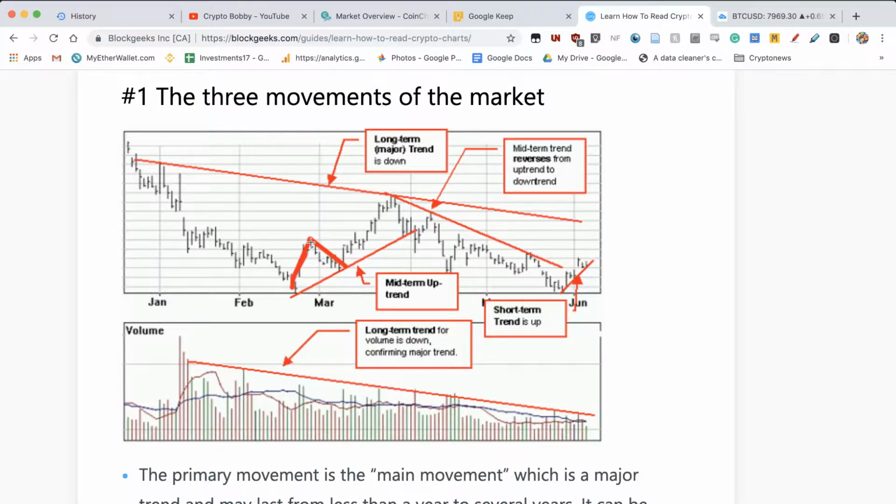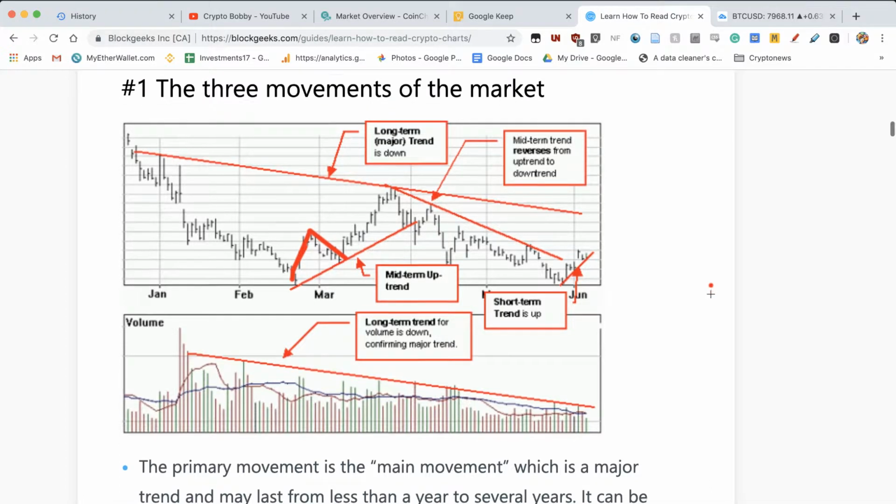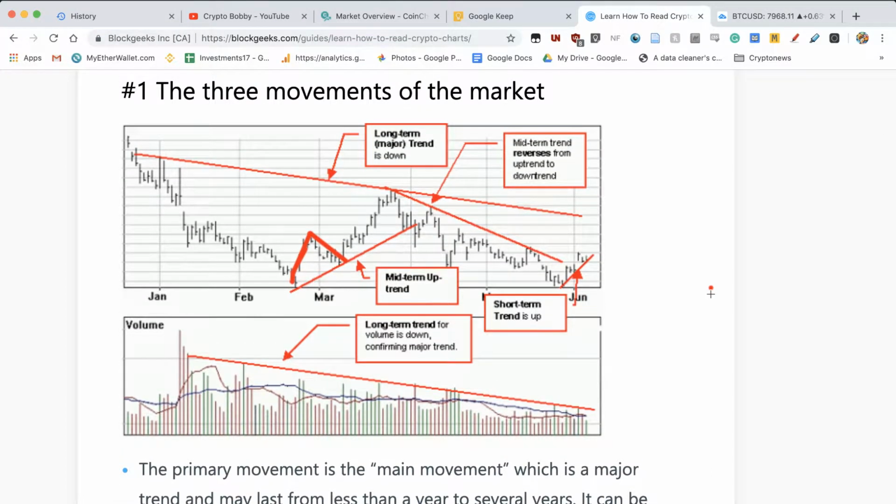As you can see, you can have a mid-term bullish trend during a long-term downtrend, and you can have multiple bullish and bearish short-term trends in a mid-term uptrend, for example. So the market is constantly moving and you have to look at the different time frames.